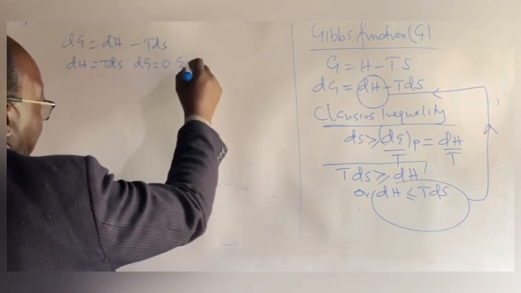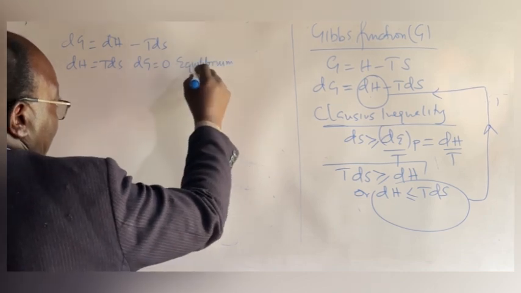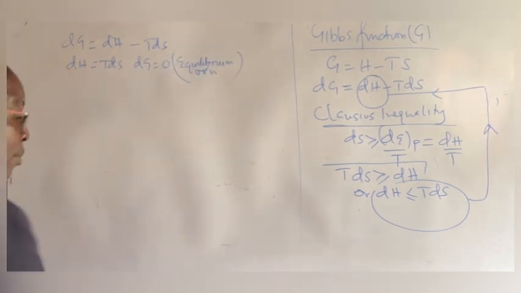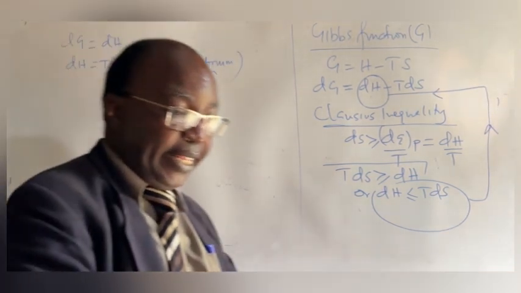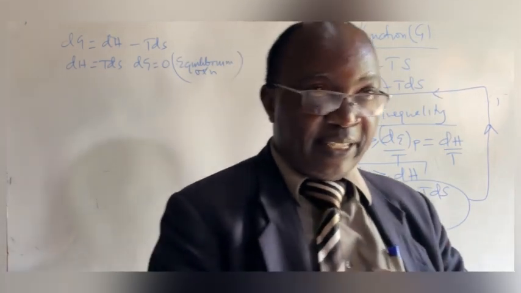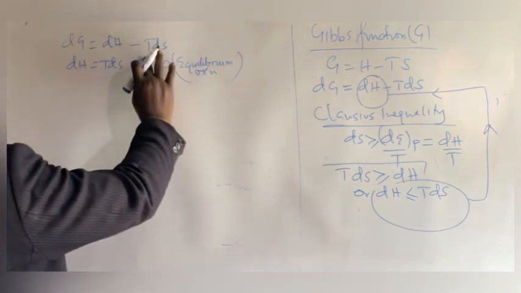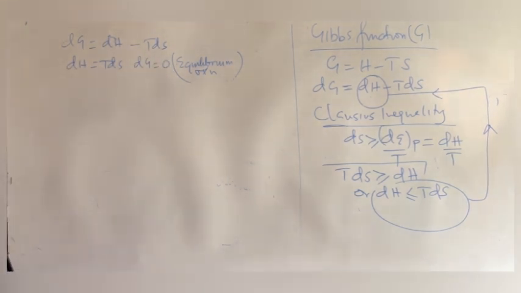That's an equilibrium reaction. So when you see delta G is 0, there's no change in the Gibbs free energy, that's an equilibrium reaction. Of course, if you integrate, delta G is equal to 0.